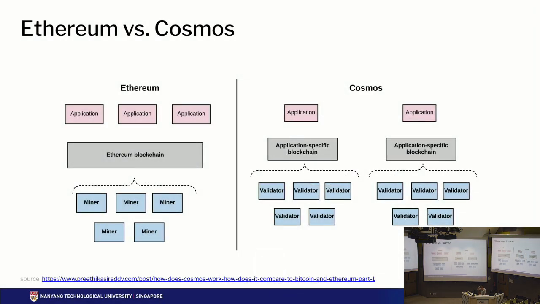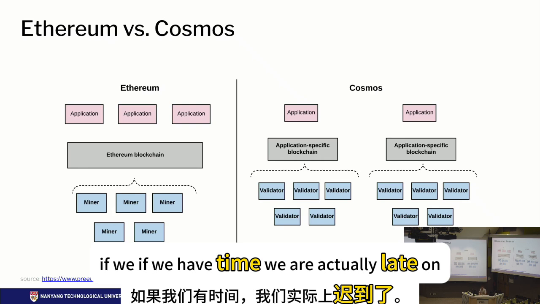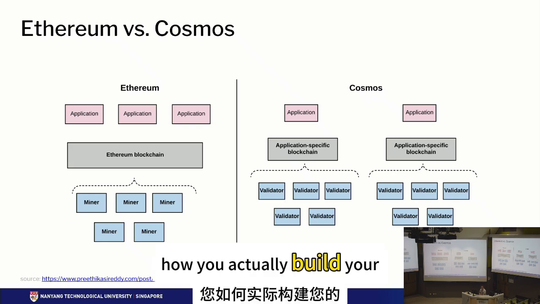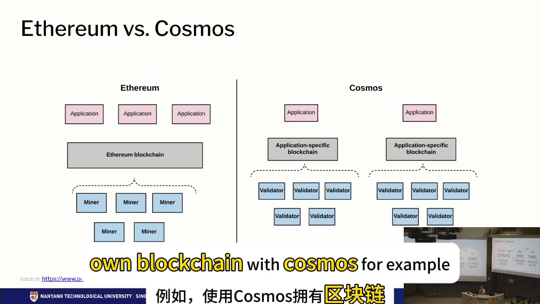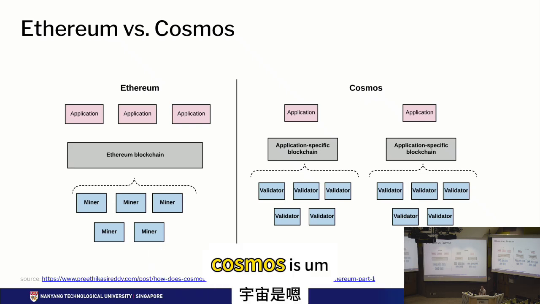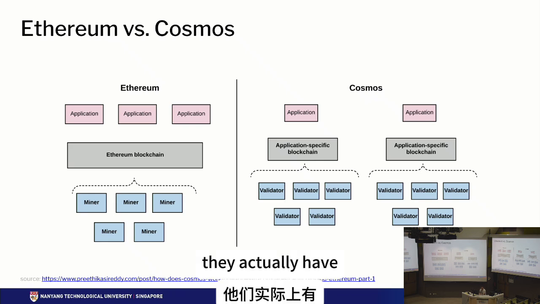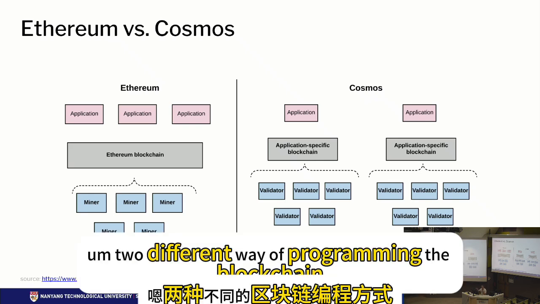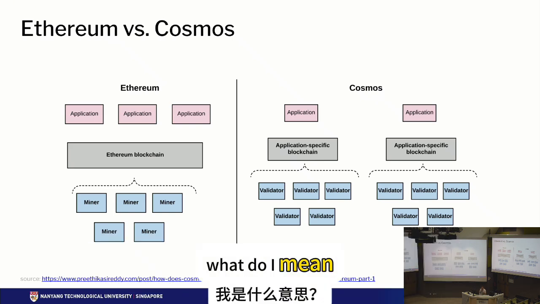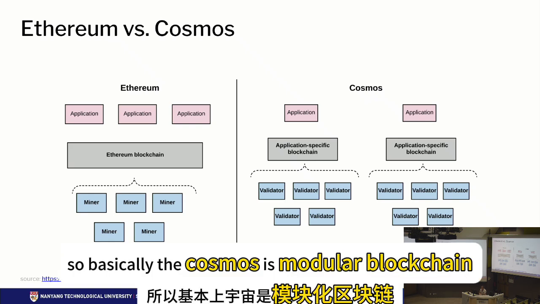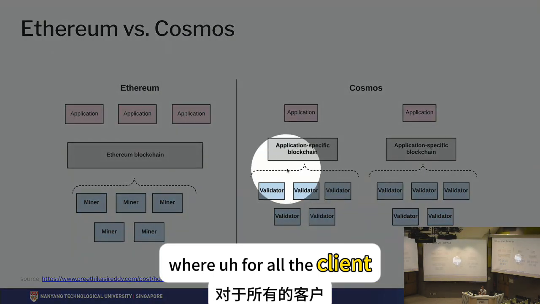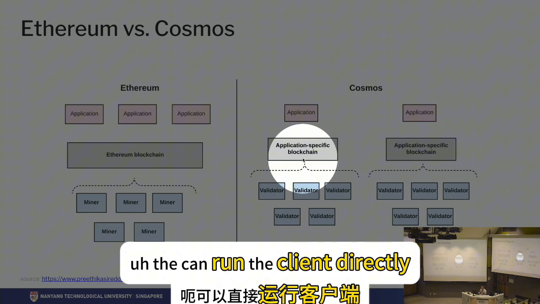If we have time, we will later run through how you actually build your own blockchain with Cosmos, for example. But the interesting thing about Cosmos is that they have two different ways of programming the blockchain. What do I mean? Cosmos is a modular blockchain, where the client can be run directly.